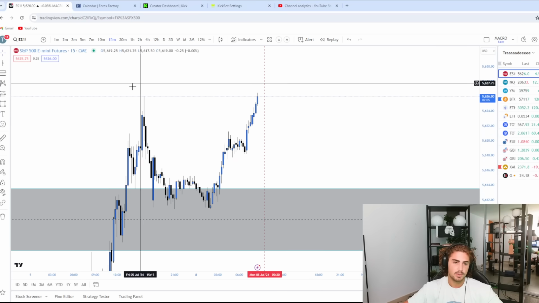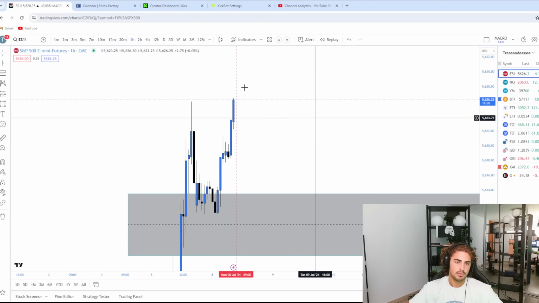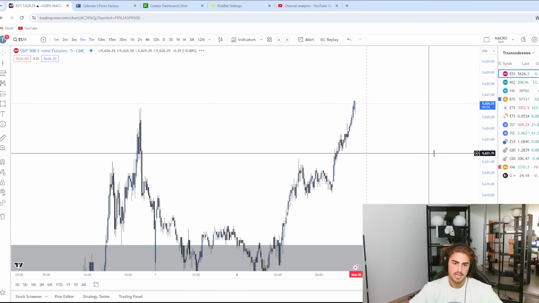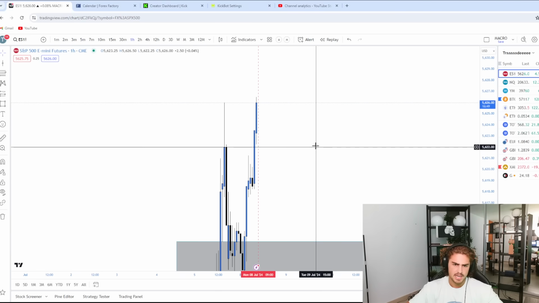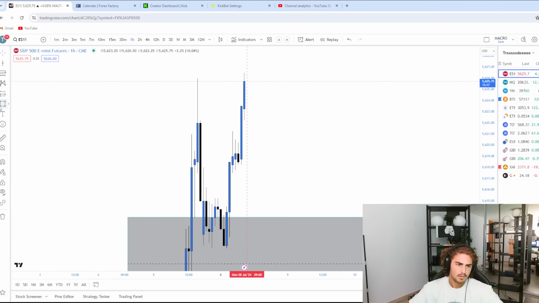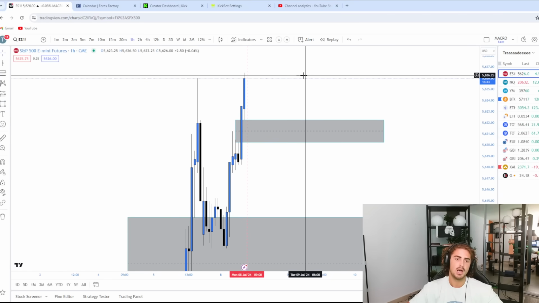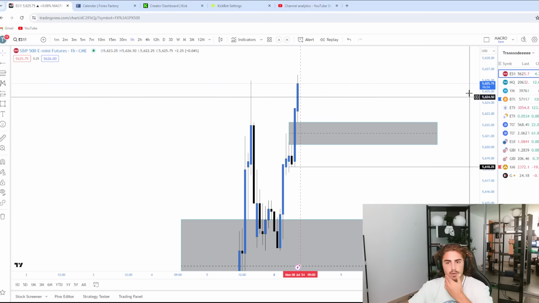As we can see, we're taking out these previous swing 4-hour highs. What that's going to help the market do is there's going to be some profit taking off of these highs, to give us one of two options: either come down to fill in this 1-hour fair value gap to give us longs higher and higher, or for price to come down and sweep out this hourly draw on liquidity right down here.